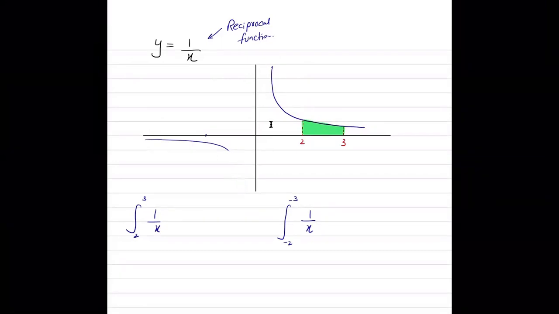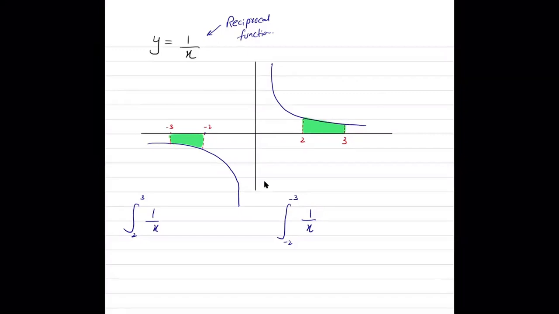Let me draw this more clearly. -2, -3. It's because of the symmetry of the graph. Can you say that the two shaded areas are exactly the same? The area under the graph is going to be the same. Yeah?